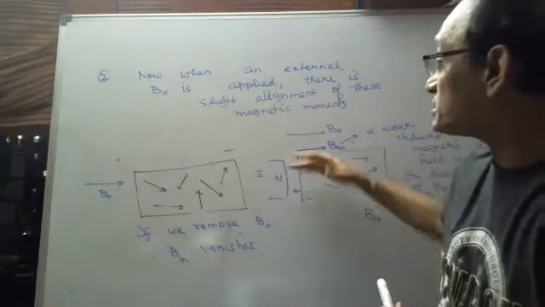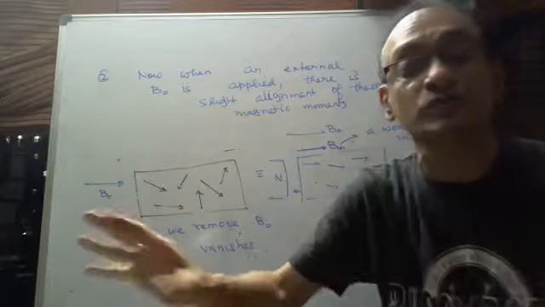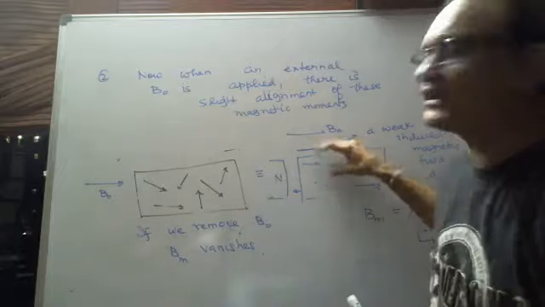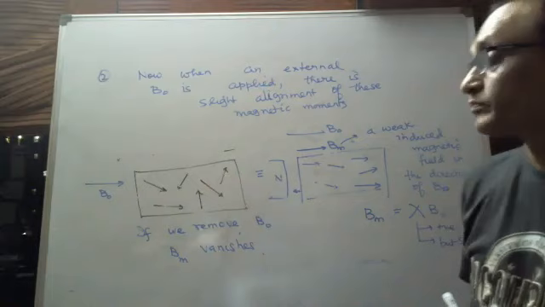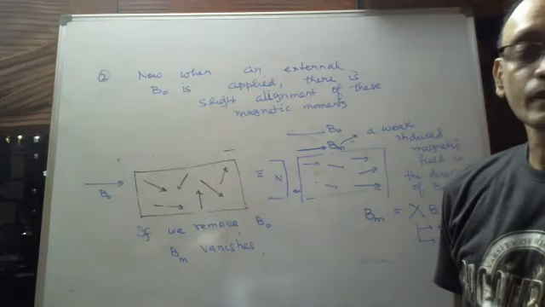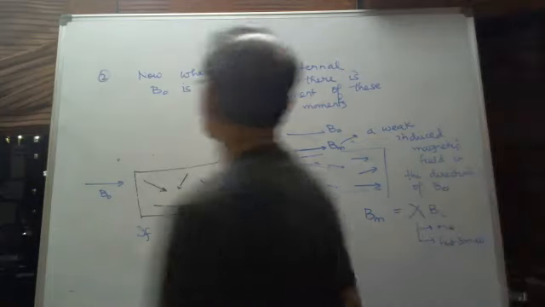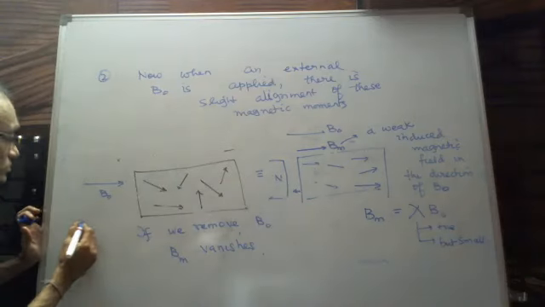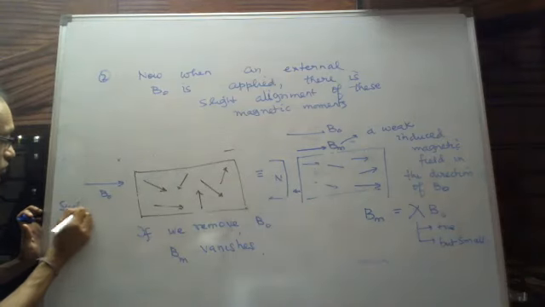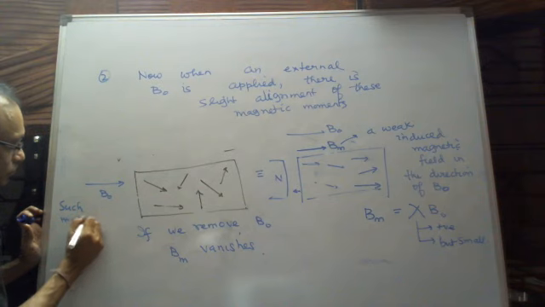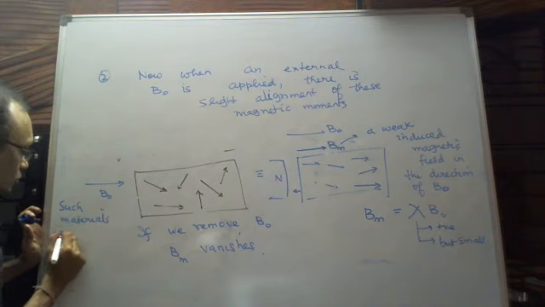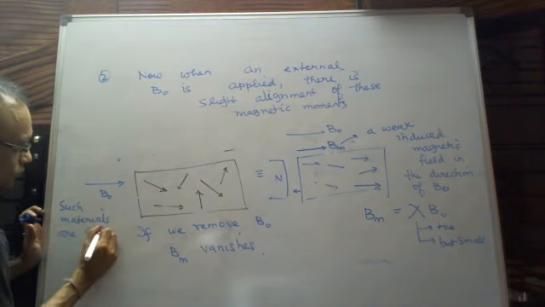So if you remove B0, Bm disappears, and the atoms get into random positions. Such materials are called paramagnetic.